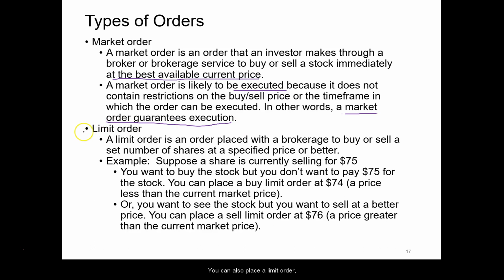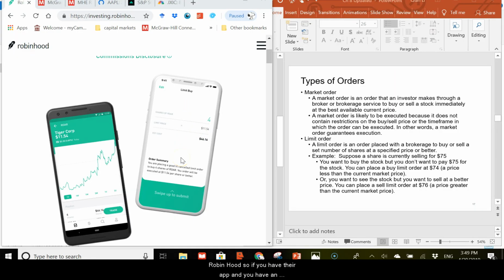You can also place a so-called limit order. A limit order is an order you place to buy or sell a stock at a specified price, or even better. So you specify the price that you want to buy or sell at. For example, this is actually a screenshot from Robinhood.